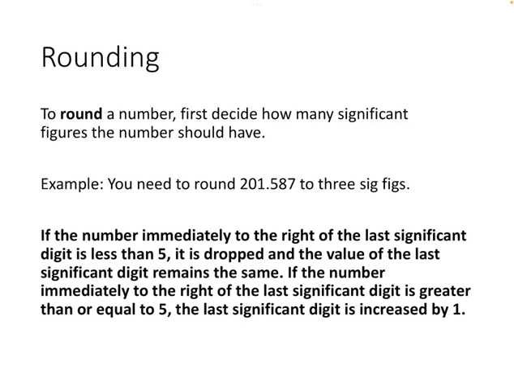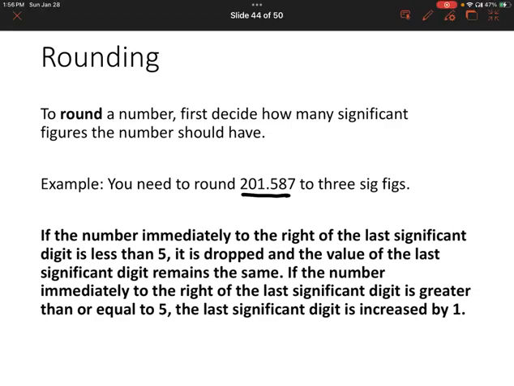So first things first, let's say that you need to round 201.587 to 3 significant figures. So let's say that your instrument is only precise to those first 3 digits. So we need to check which value comes after the first 3 digits.